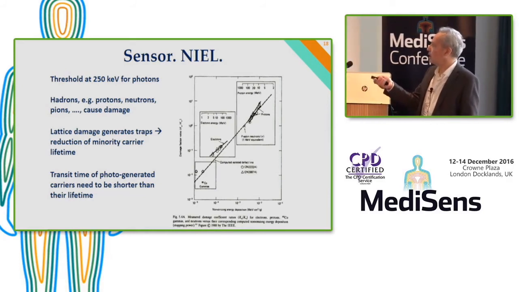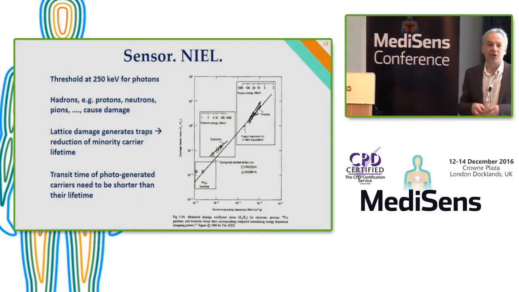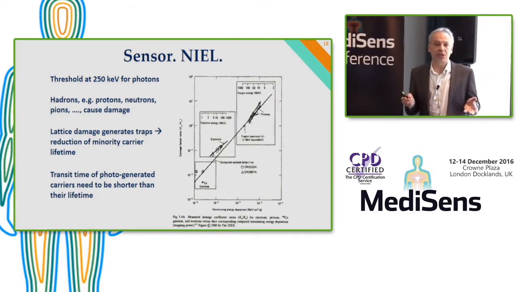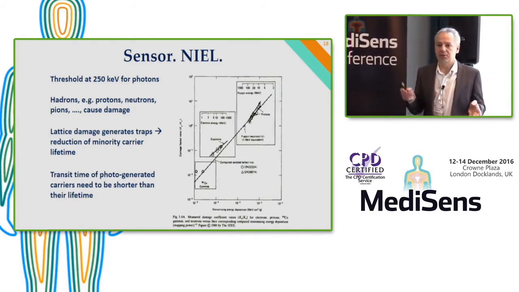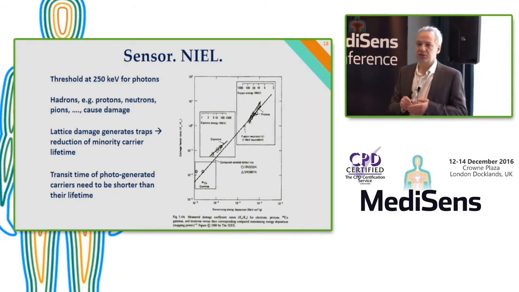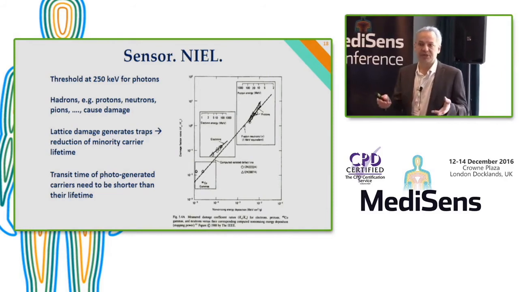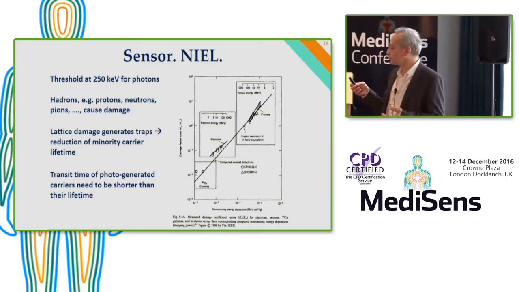Electrons do the same. Good news about photons for X-ray imaging is that there is a threshold at 250 keV, so most applications don't need to worry about lattice damage caused by the X-rays. It's only if you go to a radiotherapy application that you have these types of photons.